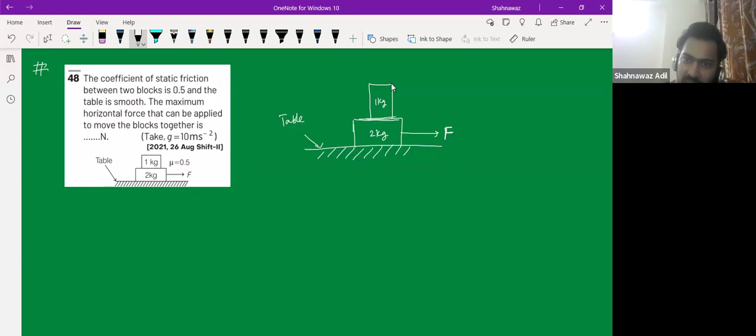If I write the free body diagram of this block, what would be the forces? Let's say one is gravitation, mg. The other one is the normal reaction due to this one. And what would be the other force?